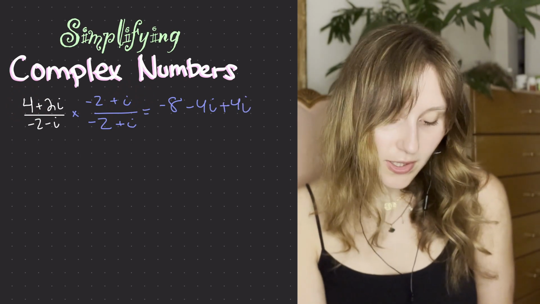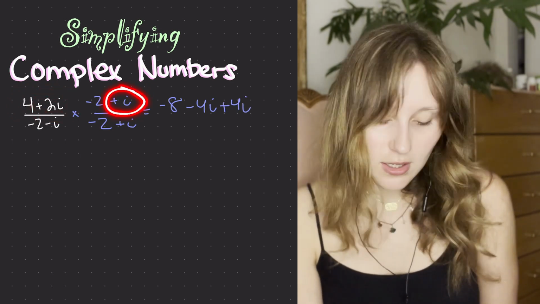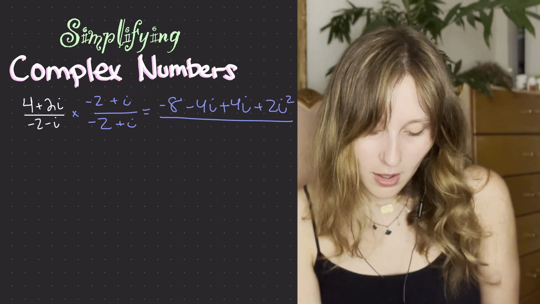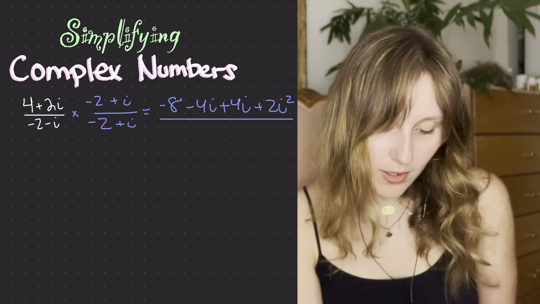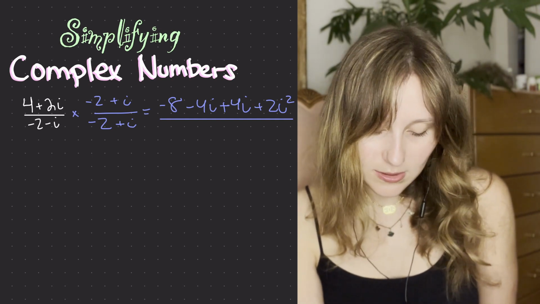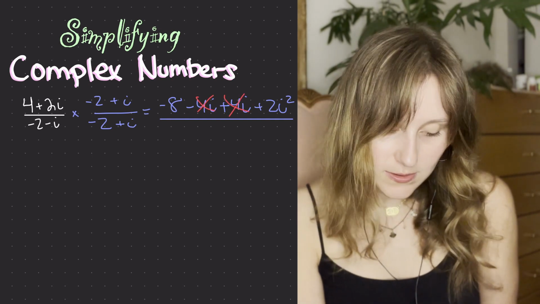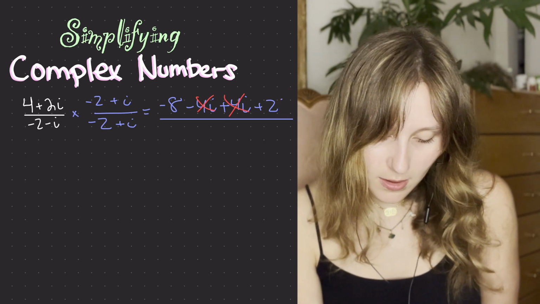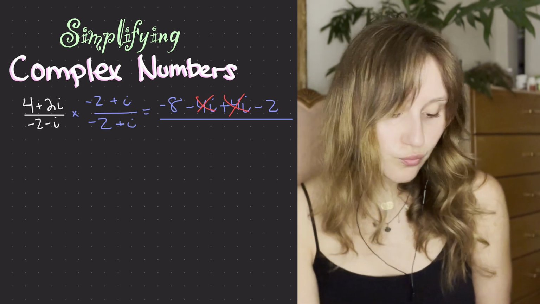And then we get plus 2i times i, which is plus 2i squared. Okay. Right away, I can notice that these will cancel out. And then also I notice this i squared, so I'm just going to fix that right away. This is going to turn into a minus 2.